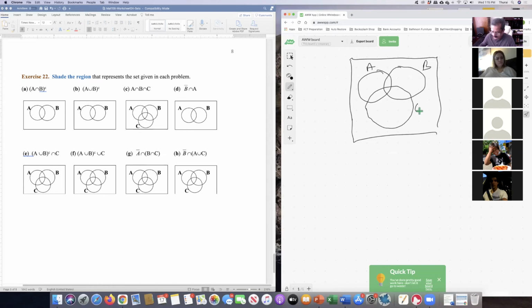You can always draw a picture to do the work. So A union B is clearly the two circles A and B combined. So the complement is what I'm shading. That's not my answer, that's just work I'm doing. Complement of A union B. So what I'm doing right now is this, A union B bar. And clearly that includes part of the C.